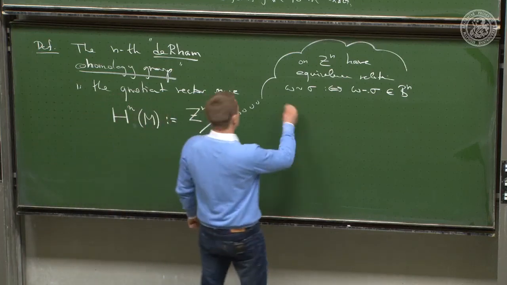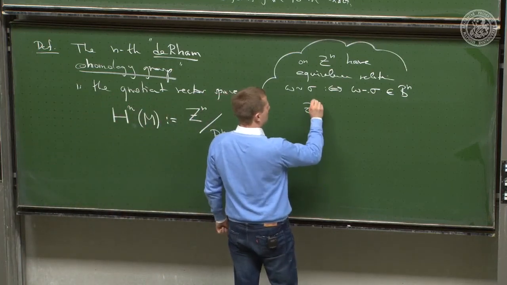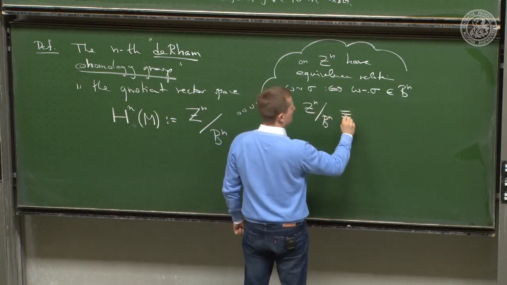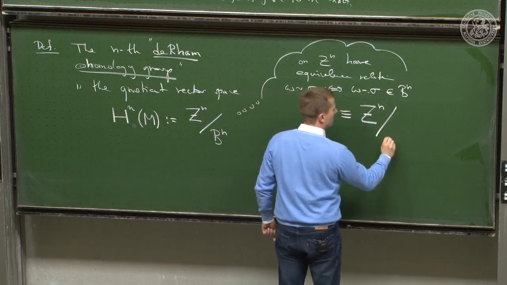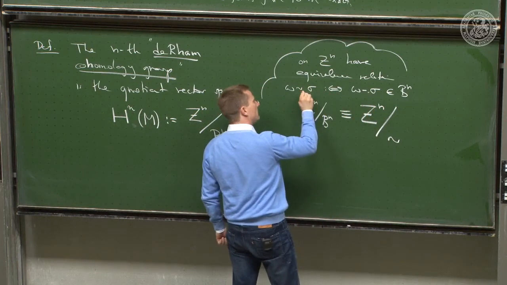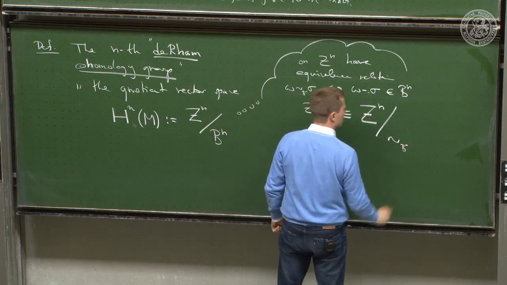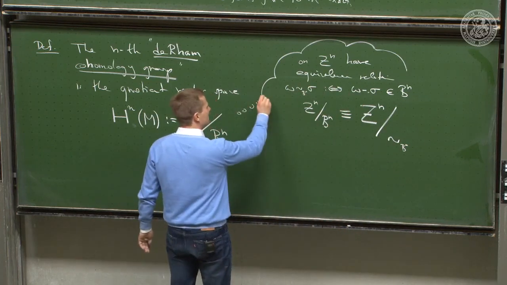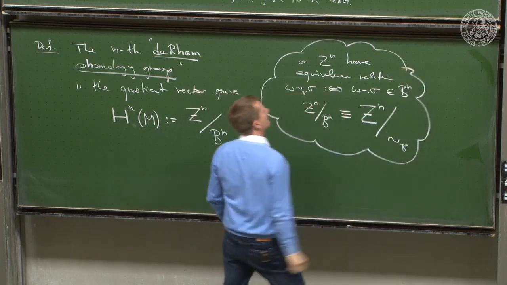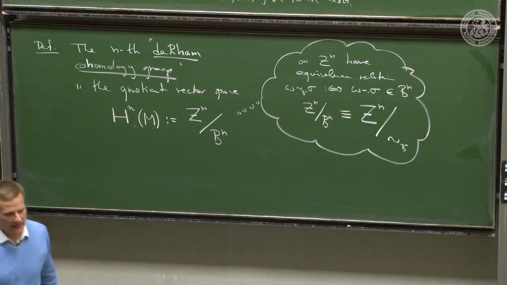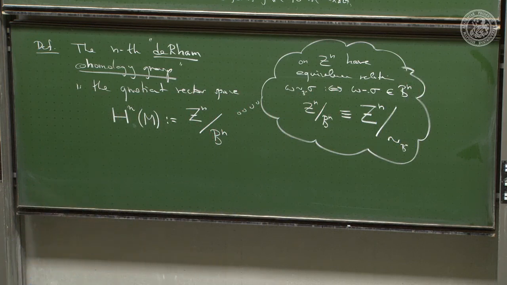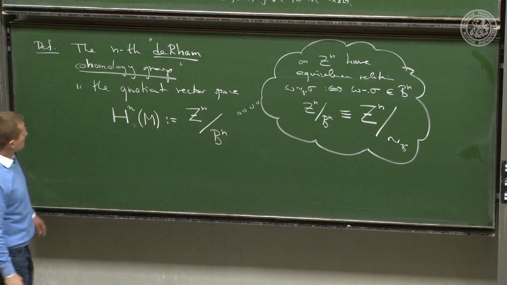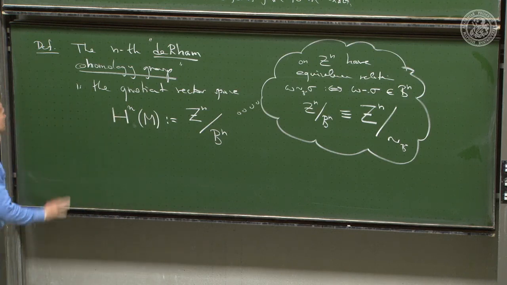And therefore, this Zn by Bn is just another notation for Zn modulo twiddle, but this twiddle depends on the exact forms, so it's modulo twiddle Bn, and then people forget about the twiddle and just write Bn. Okay, so that's not something new, it's just the old game of equivalence relations and looking at the set of equivalence classes, that is, this quotient vector space. Now, in order to, okay, so we have this. Now comes a theorem.